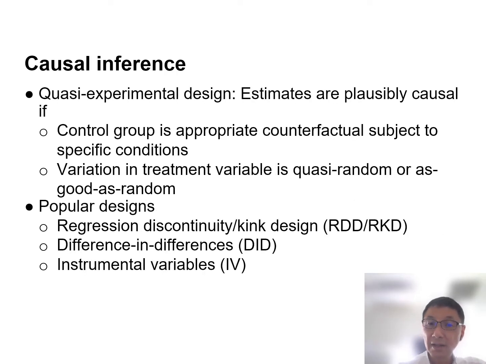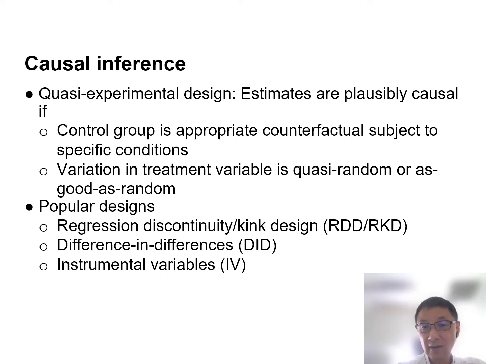Besides adding control variables suitably selected, an alternative approach or a complementary approach is to design the experiment in a quasi-experimental way. This means identifying a control group that is an appropriate counterfactual under the specific conditions. And having identified a control group, the variation in the treatment variable is quasi-random or as good as random.